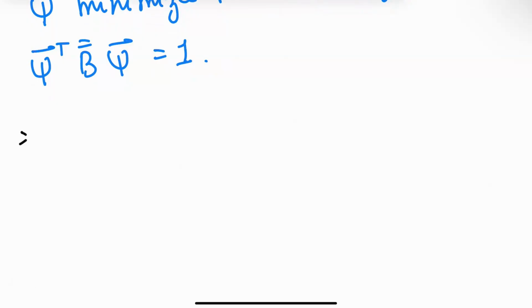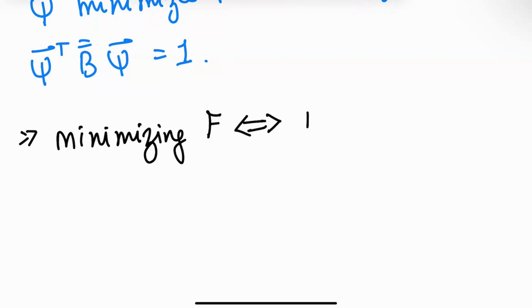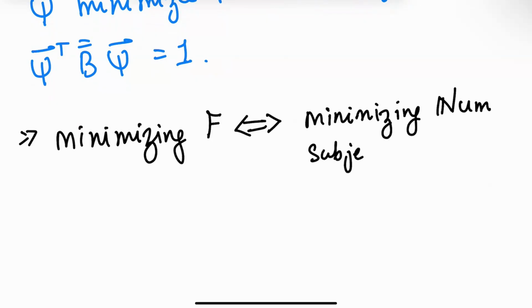So minimizing f is equivalent to minimizing the numerator subject to the denominator being equal to 1. Okay, these two are equivalent conditions now. Okay?